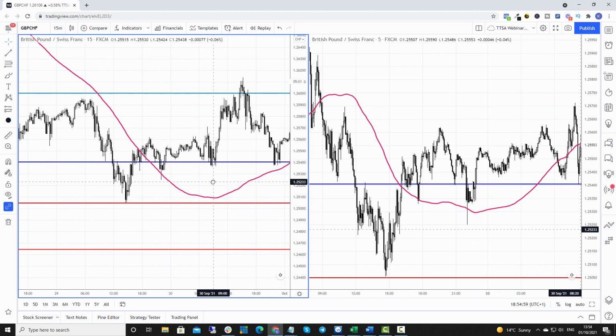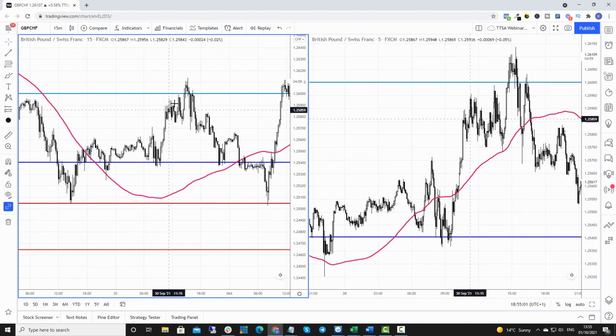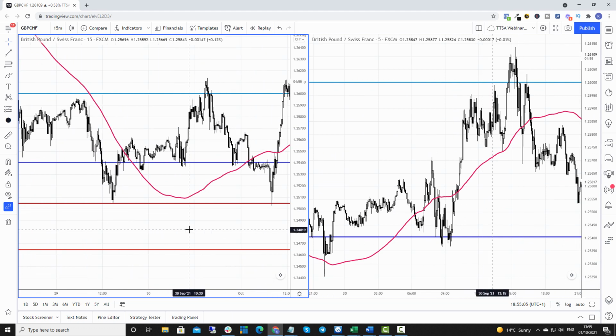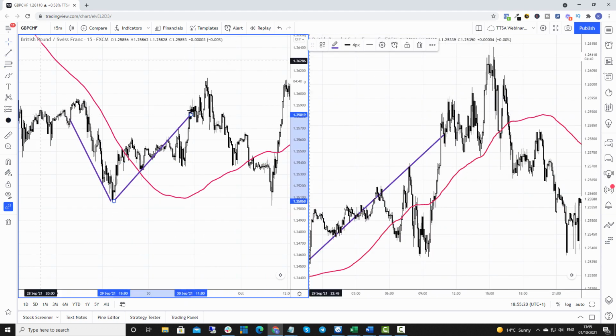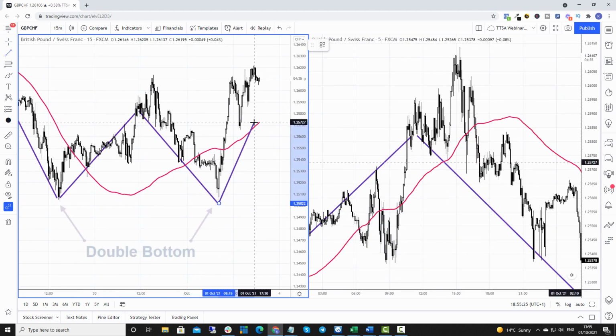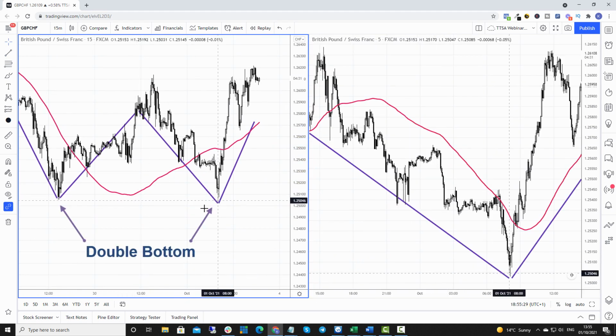But the point I want to discuss is what happened today when price fell down to this area here. We not only had that same area that we were interested in before, but we also had a double bottom, which certainly made us interested to get long again.